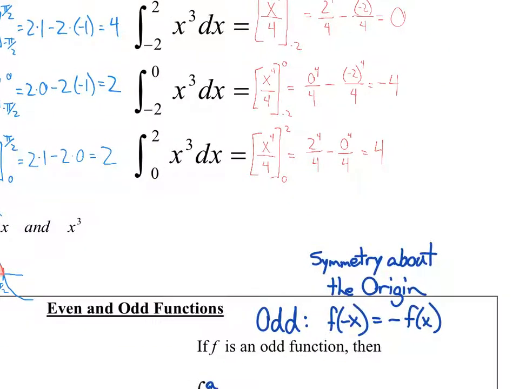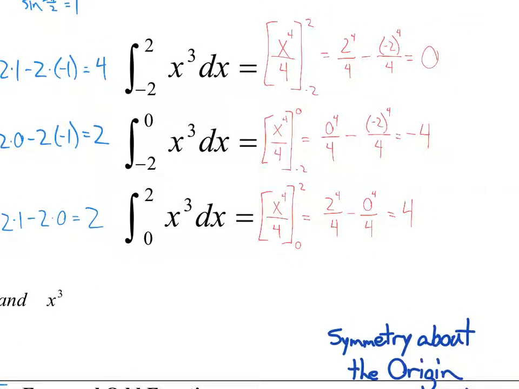And that's because this function x cubed has symmetry about the origin. Okay? Here we have the point 2, 8. And we have the point negative 2, negative 8. And the area we're trying to find here is this.